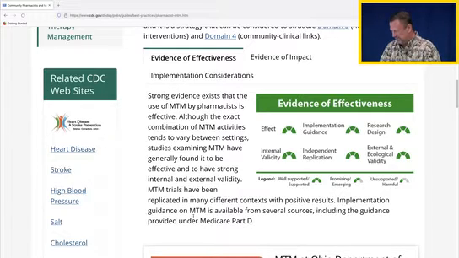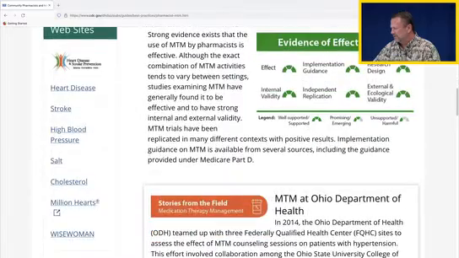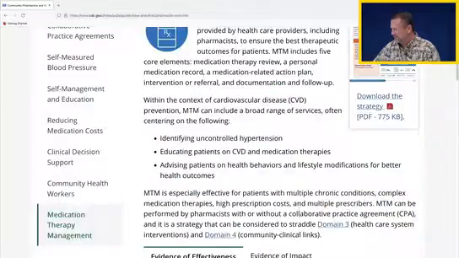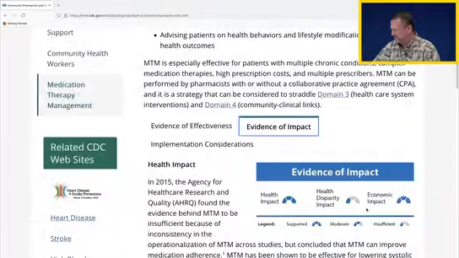MTM trials have been replicated in different contexts with great results, and implementation guidance on MTM is available from several sources, and there is guidance under Medicare Part D. Medicare Part D is involved in prescription benefits for Medicare recipients, and there is a description of MTM in the Medicare Part D literature. And then there's more stories here. Let's see what we have for evidence of impact.